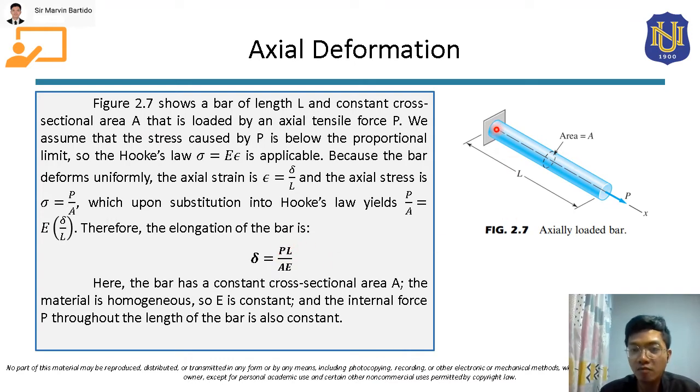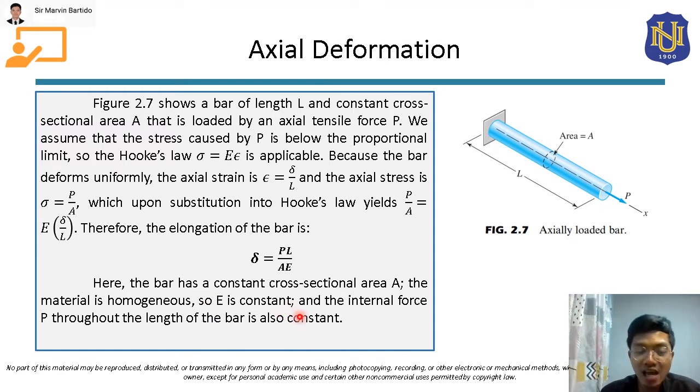So that force P should be constant all throughout the length of this bar. And also the cross-sectional area should be constant all throughout the length L. And if the material here is homogeneous, meaning the modulus of elasticity E is constant.